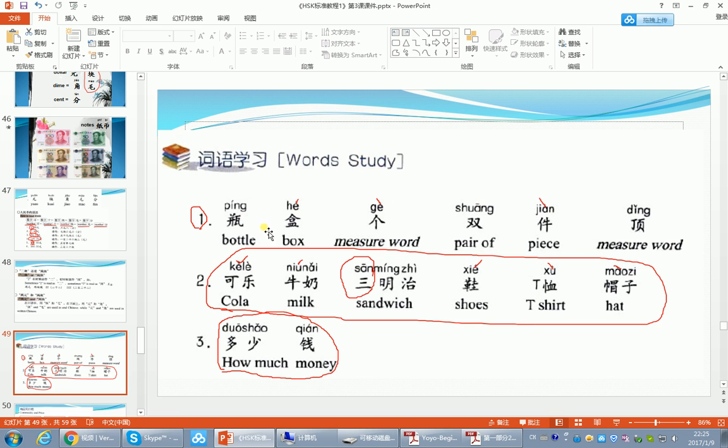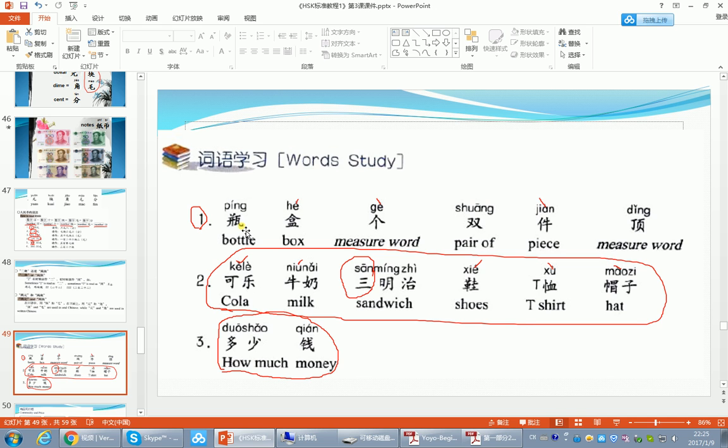And we learned some measure words and some nouns. In this lesson, we will learn how to say how much money of something.